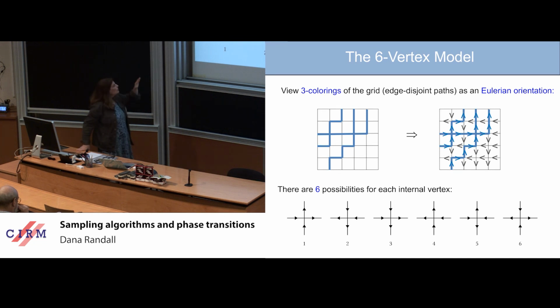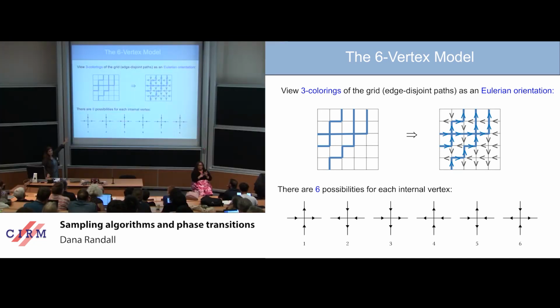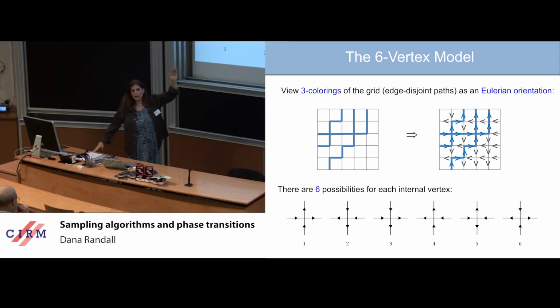So I go from this picture of 3-colorings, which hopefully you look at and immediately see as colorings, like I do, to this picture, where I'm reinterpreting it with the arrows as directed paths. So you get these distinct paths, and they go from the bottom left up to the top right.